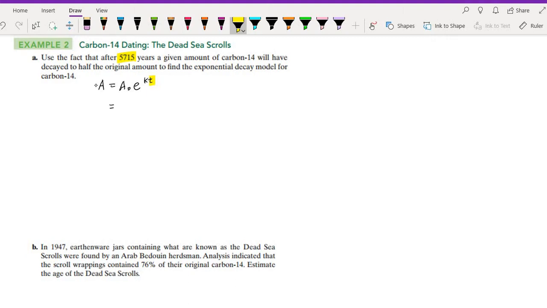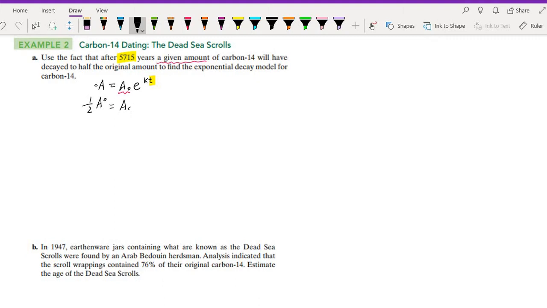A given amount is our initial amount. It decays to half the original amount, so A is actually half of the original amount.